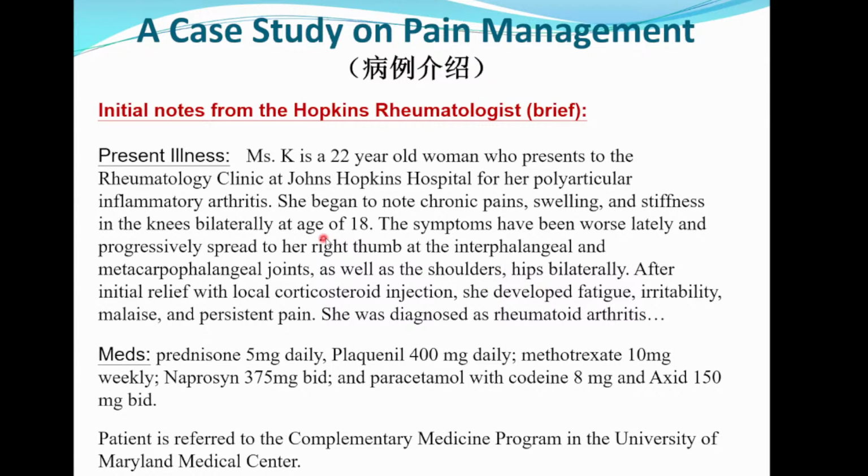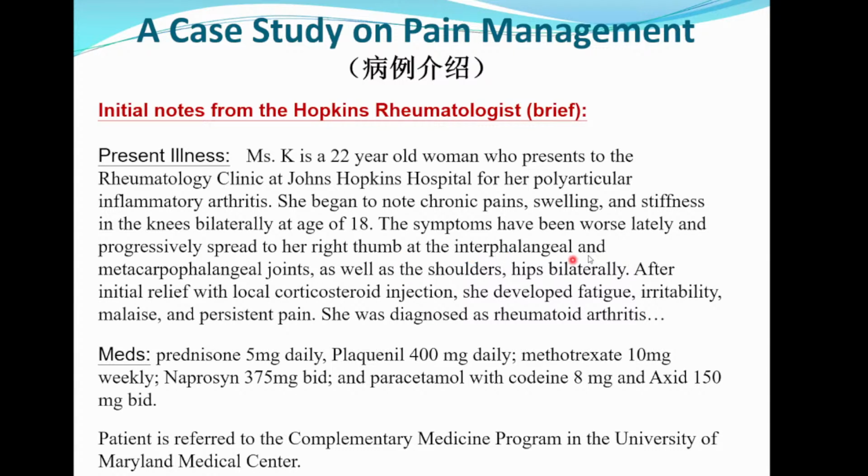The patient was Miss K, a 22-year-old woman who presented to the rheumatology clinic at Johns Hopkins Hospital for polyarticular inflammatory arthritis. She began to note chronic pain, swelling, and stiffness in the knees bilaterally at the age of 18, so it has been four years already.